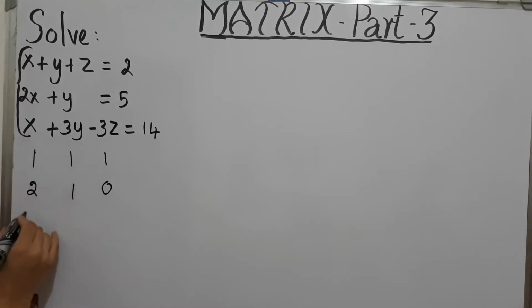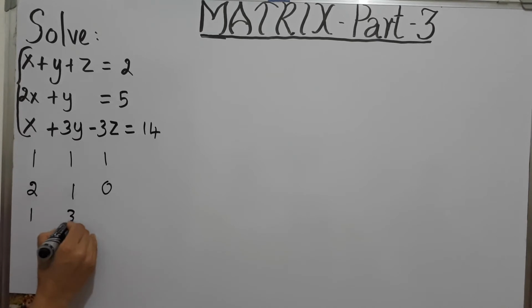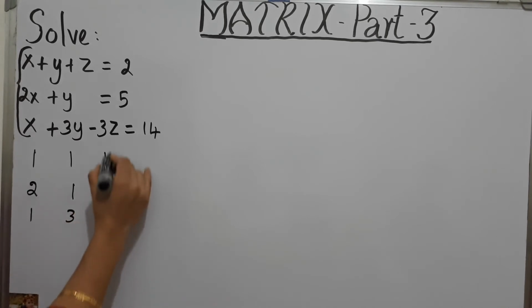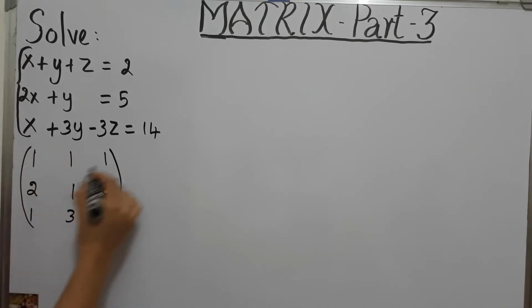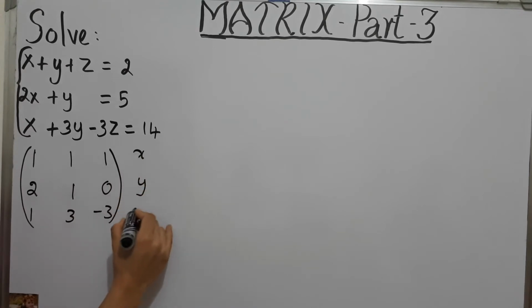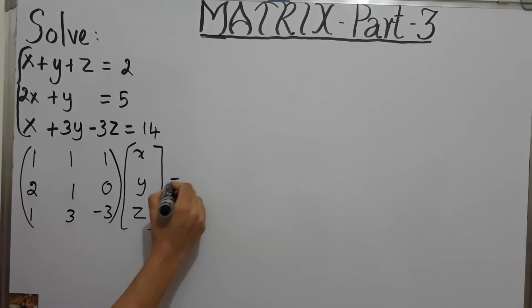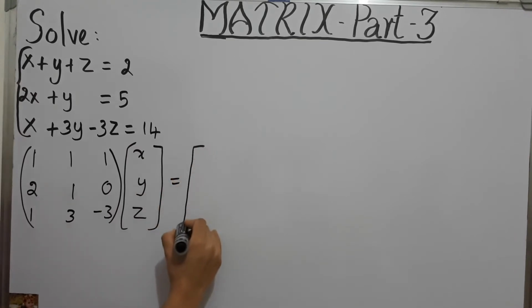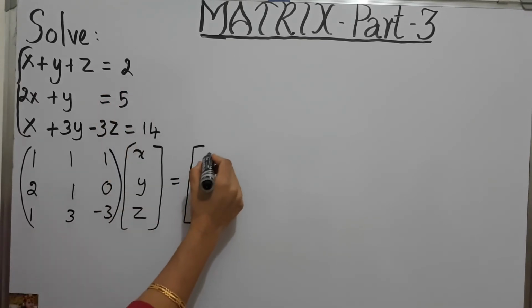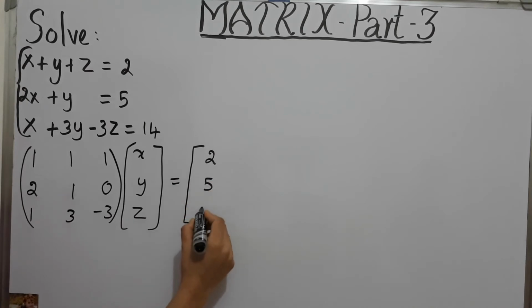Then for the third equation, x is 1, y is 3, and z is minus 3. Now you multiply this by x, y, z, which must also be a matrix, and that is equal to the constant matrix, which is 2, 5, 14.